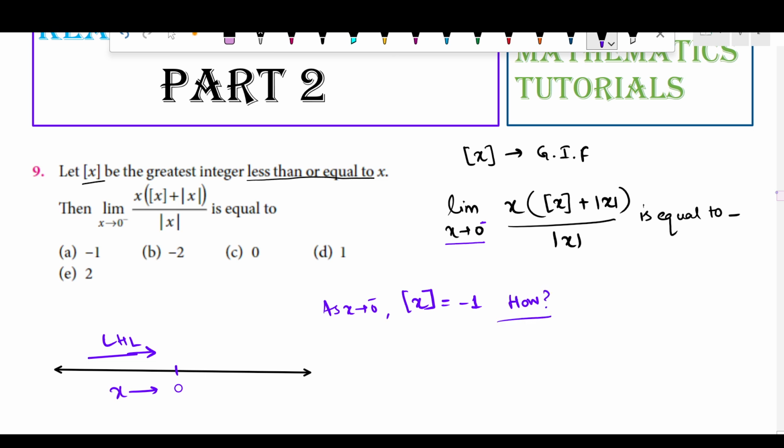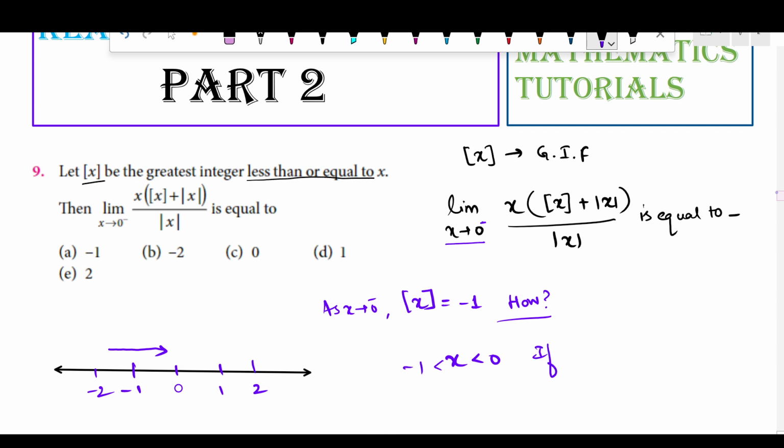How? See here. This is the number line, 0, minus 1, 1. As x approaches towards 0, means x lies between minus 1 and 0.